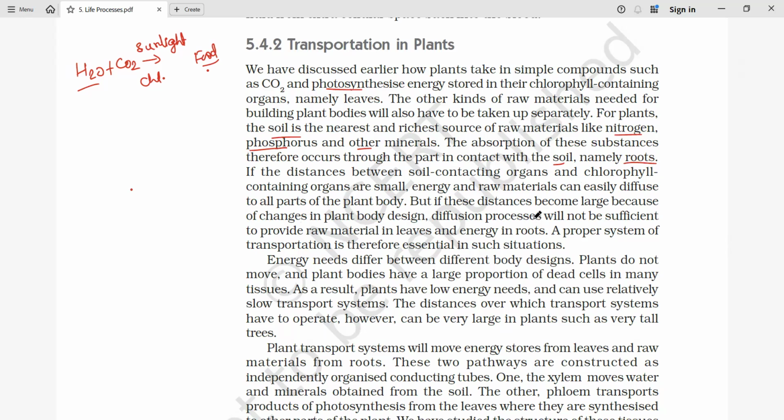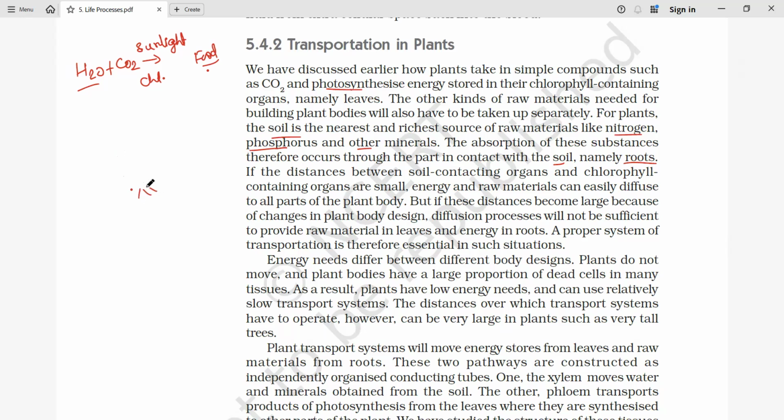If the distance between the roots and the parts of the plant having chlorophyll is small, then the raw materials obtained through the root can easily diffuse to all the different parts of the plant.